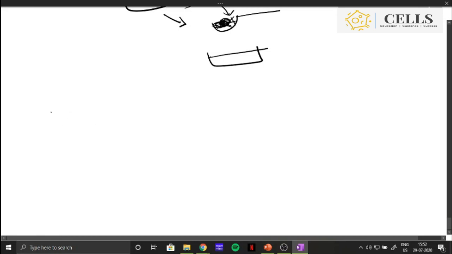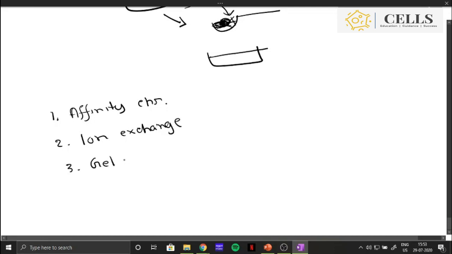We'll study four types of chromatography that we'll come across. We have affinity chromatography, ion exchange chromatography, gel exclusion chromatography, also known as size exclusion chromatography.